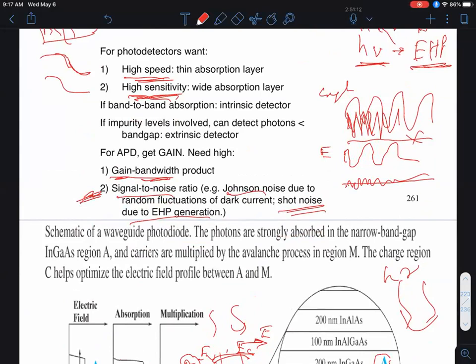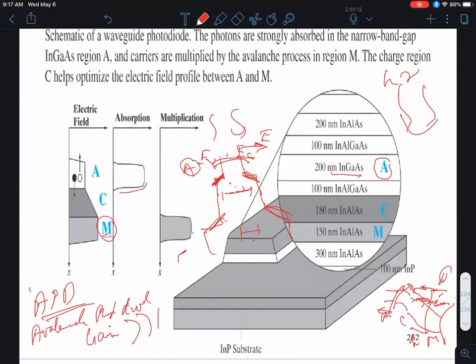Okay, how do I make the noise low? You can make the noise lower by making this impact ionization process more deterministic, less random. Okay, and the way that's done is by very careful choice of the materials, where I have a system where I might only get impact ionization due to electron multiplication, say. Okay, and I don't have a lot of impact ionization due to hot holes. And that's easy to do generally because we've seen again and again that electron mobilities tend to be higher than hole mobilities.